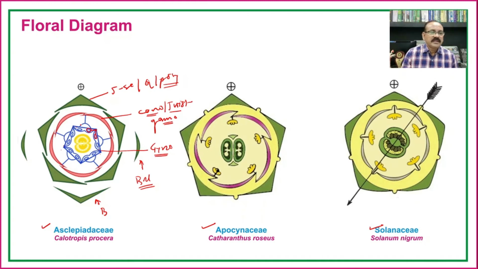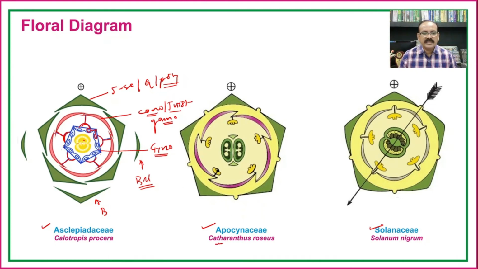Here there is a corona, and this corona is fused with the petal, and there is a formation of 2 fruits, and hence here there are 2 ovaries drawn in the center with marginal placentation in it.